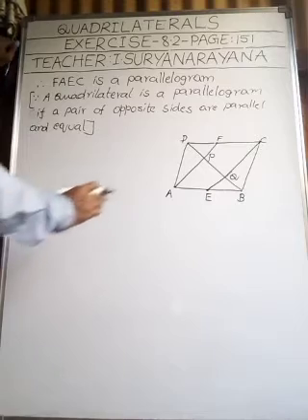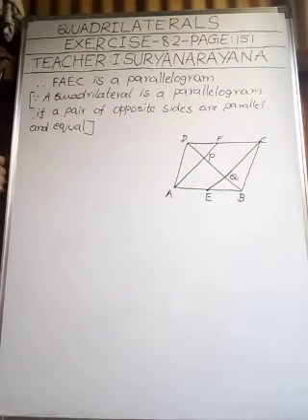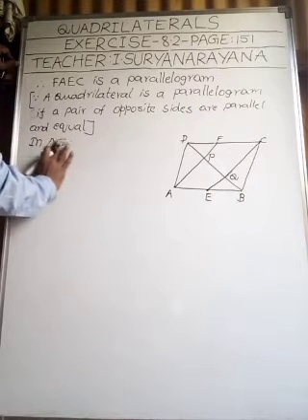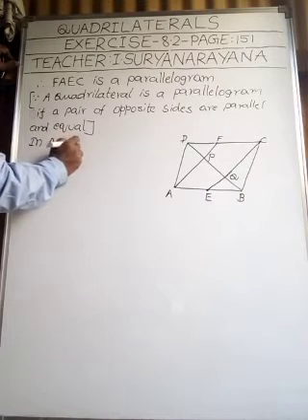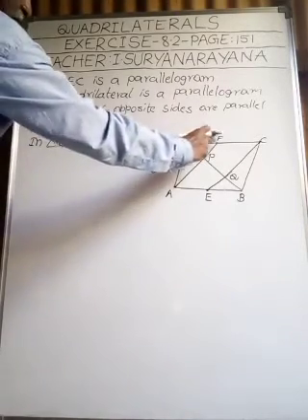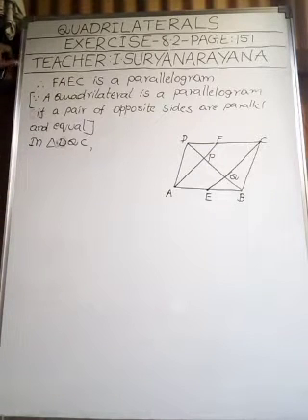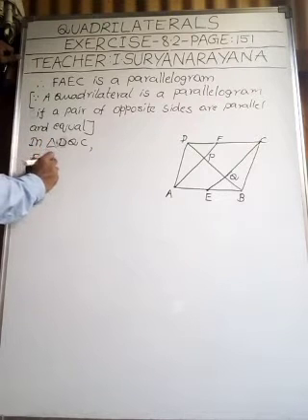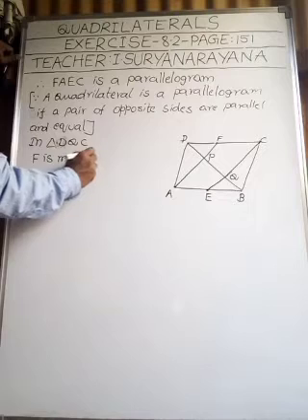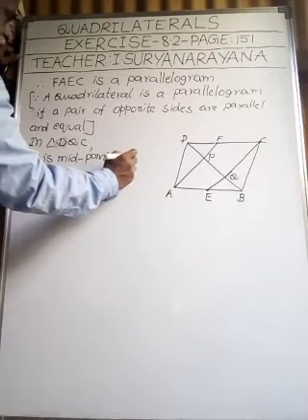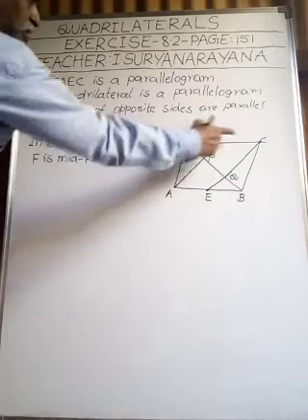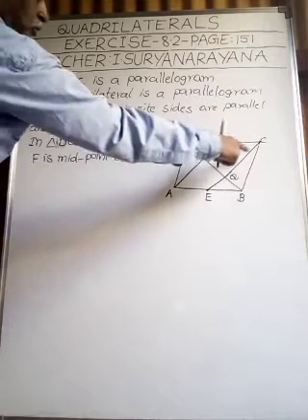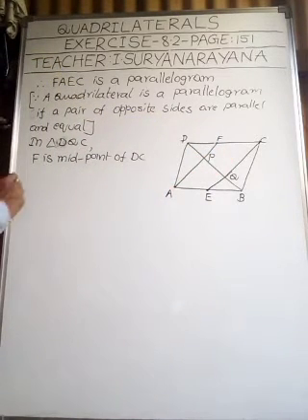Now come to the triangle DQC. In triangle DQC, F is the midpoint of DC, isn't it, my children? And FP is parallel to QC, isn't it, my children?